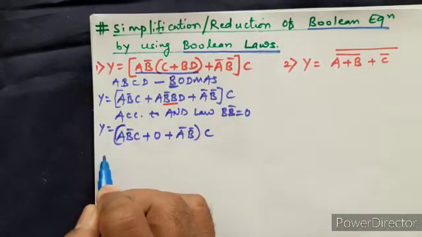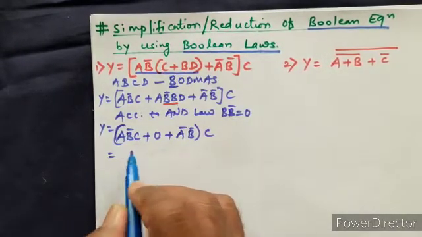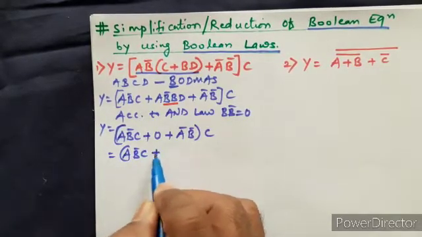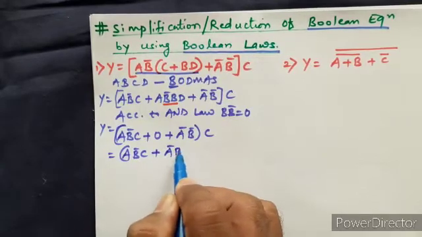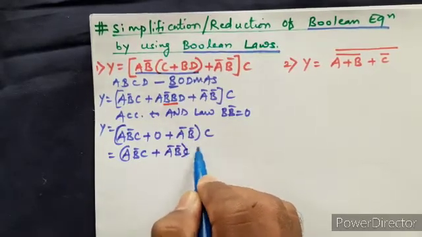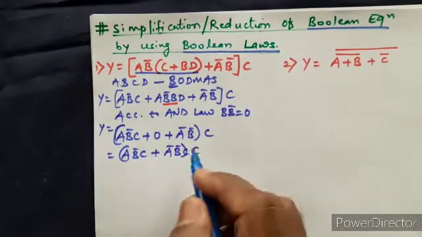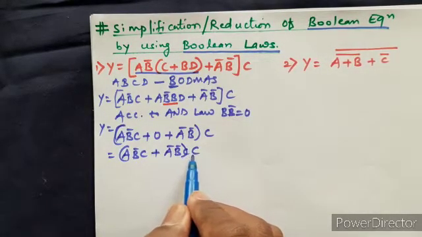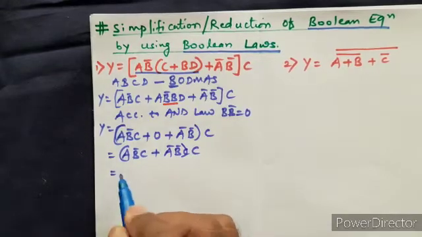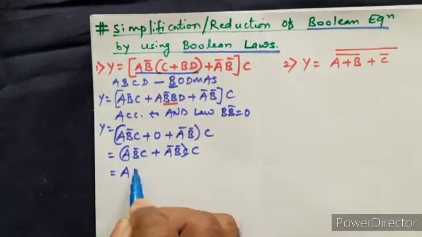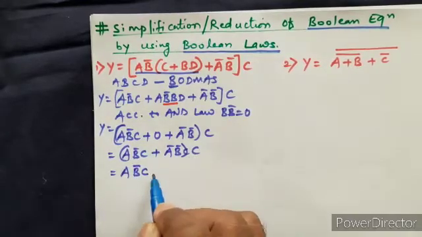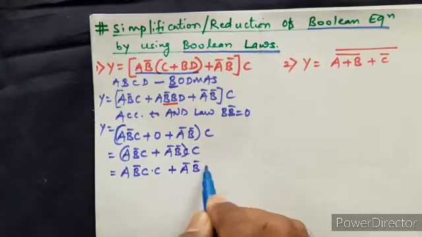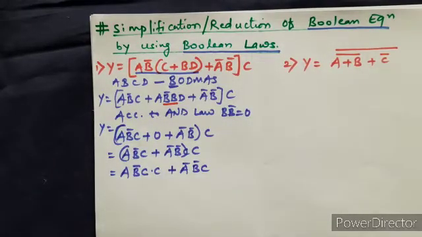Okay, so I can again write this term as a b bar c plus a bar b bar c, all multiplied with c. Now if I again use the distributive law, bracket solving, this becomes a b bar c into c plus a bar b bar c into c.